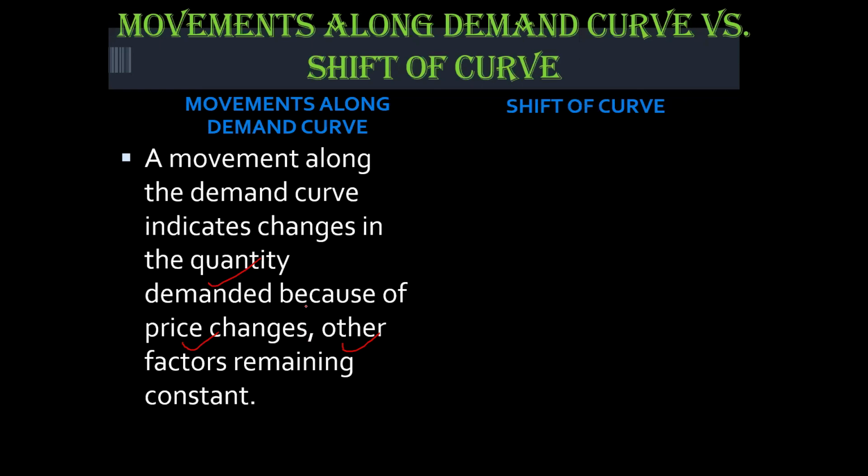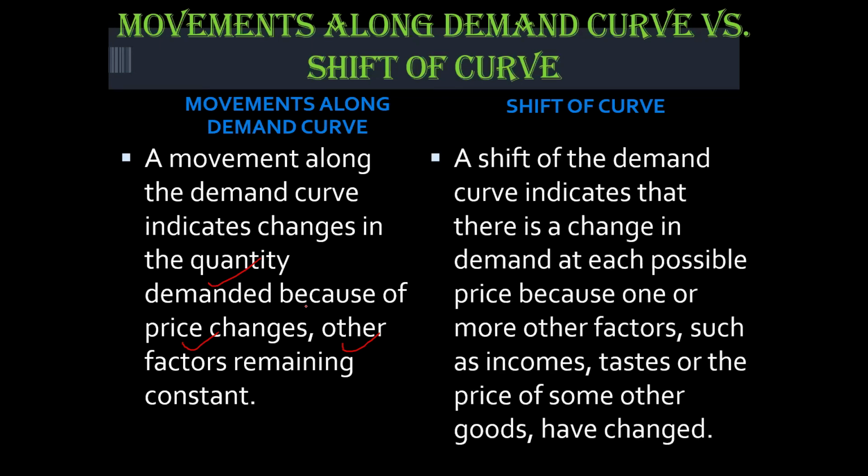But when it is about the shift of demand curve, it means that there is a change in demand at each possible price because of one or more other factors, such as income is changed, taste and preference is changed, or the price of other goods has changed.